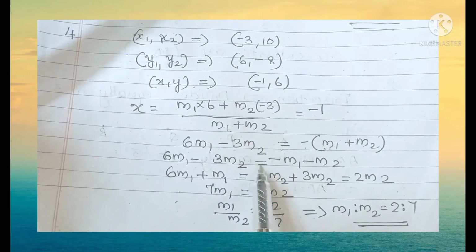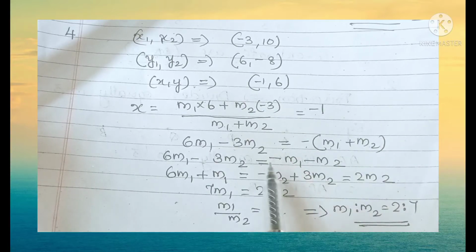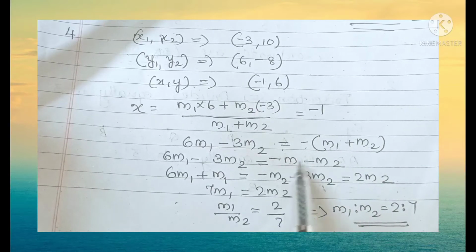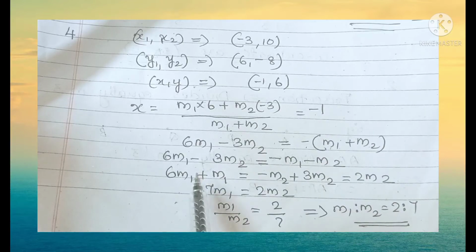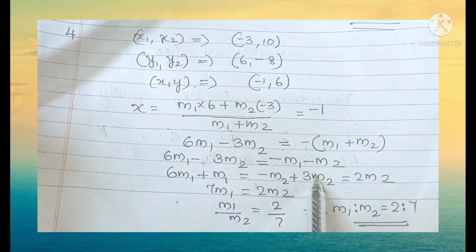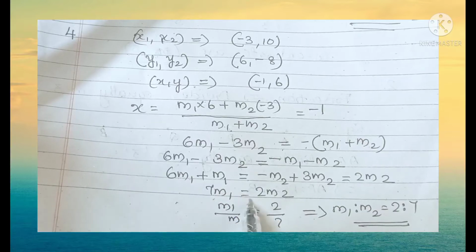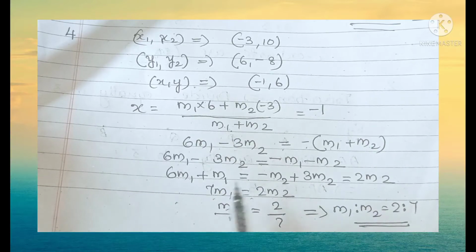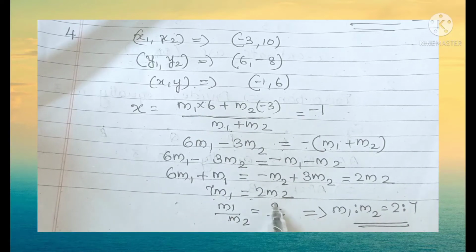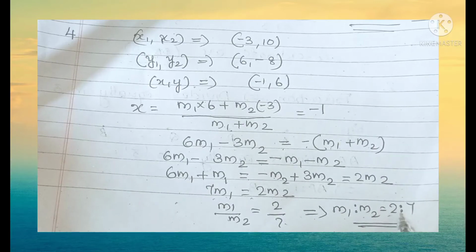Then 6m1 minus 3m2 equal to, moving the negative into the bracket, negative m1 minus m2. So 6m1 plus m1 equals negative m2 plus 3m2. So 6 plus 1, 7m1 equal to 2m2. Then m1 by m2 equal to 2 by 7. So m1 is to m2 equal to 2 is to 7.